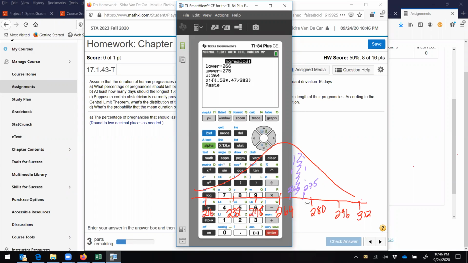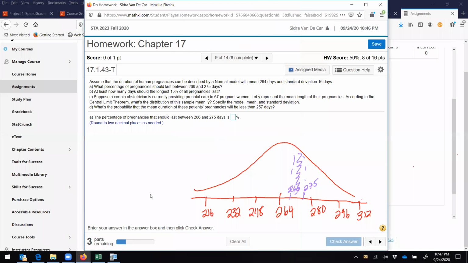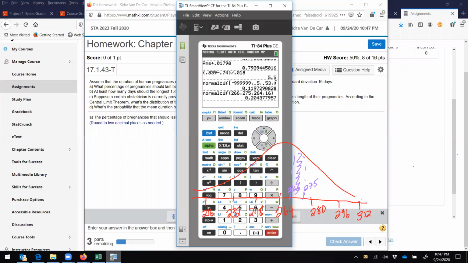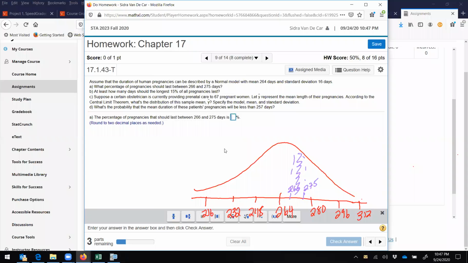And our standard deviation was 16. And we get about 0.204. Oh, so they changed it to a percent. So that's 20.44%.